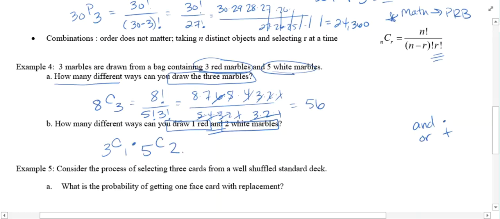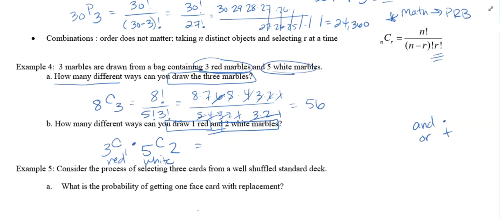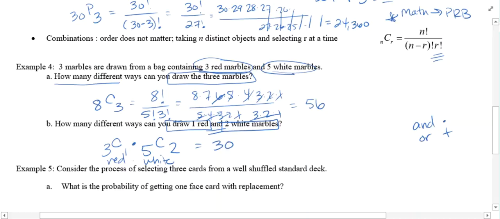So that's the red and the white. Go ahead and see if you can calculate that. Again, you don't need your calculator for this. The numbers are small enough, it's very easy to do by hand. This comes out to be 30.